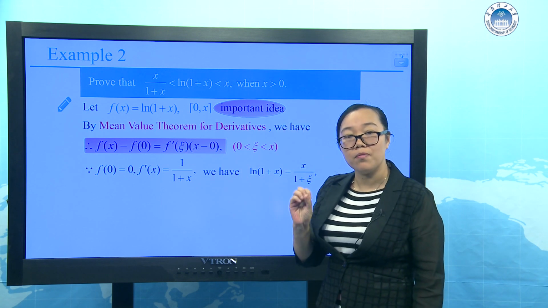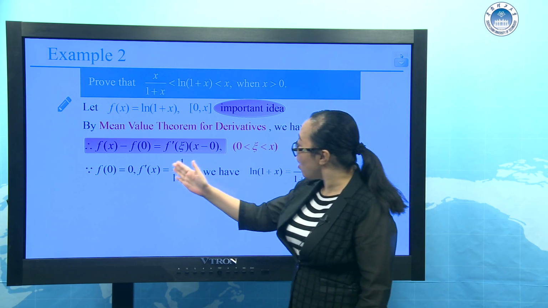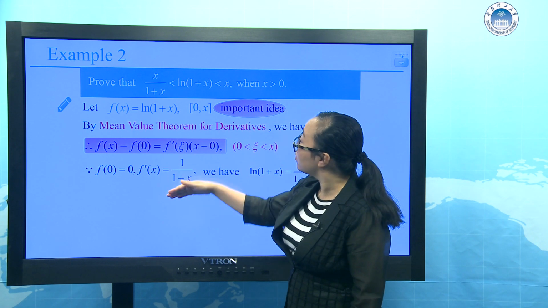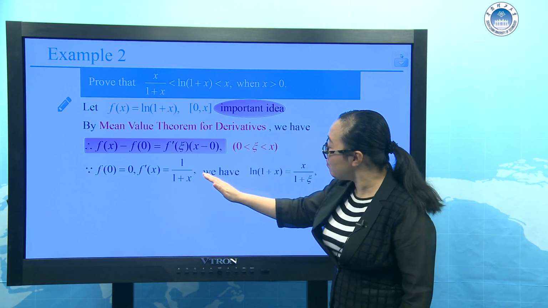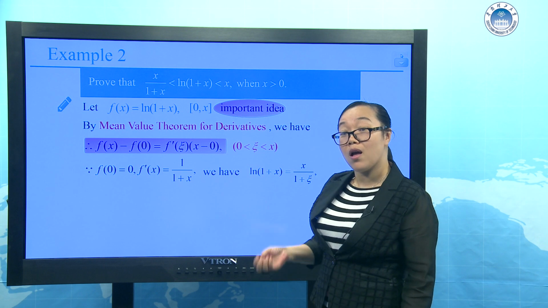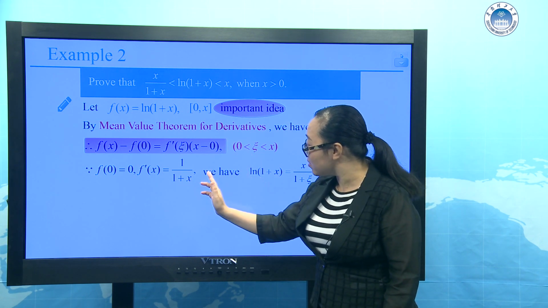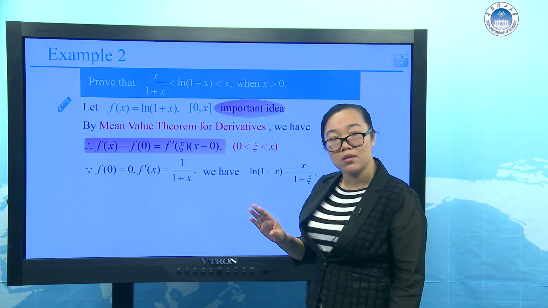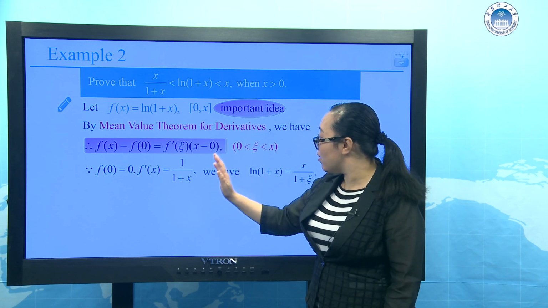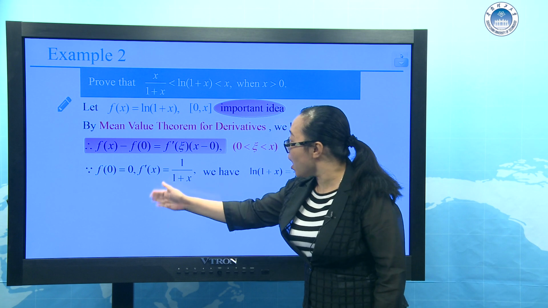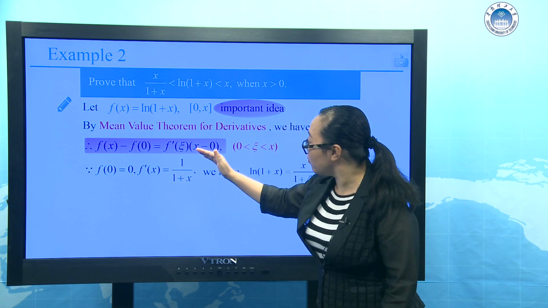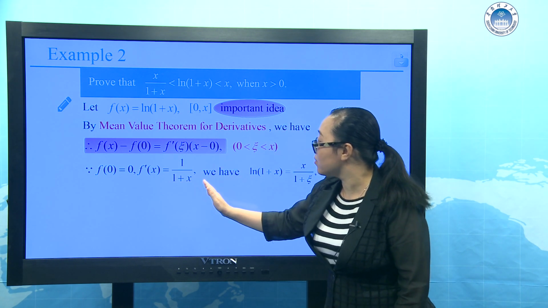We should know f prime of x equals 1 over 1 plus x. Of course, f prime of 2 equals 1 over 1 plus 2, f prime of 6 equals 1 over 1 plus 6. So f prime of c equals 1 over 1 plus c.